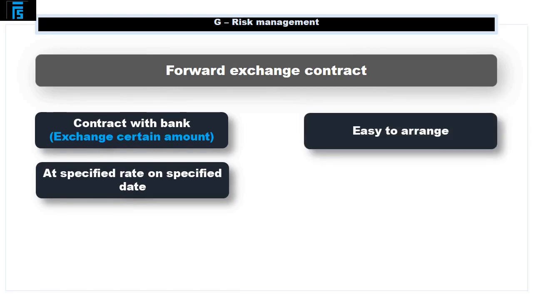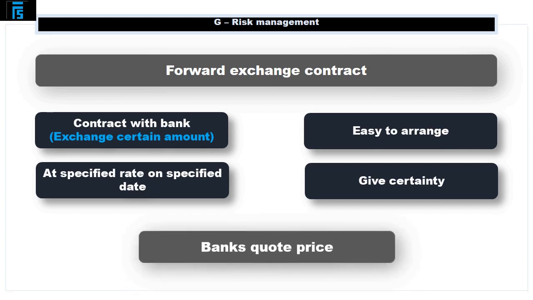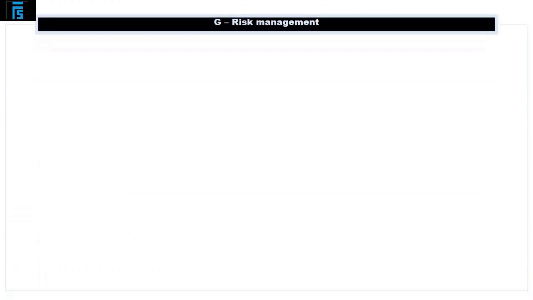These are common in practice because they are easy to arrange. It's a conversation with the bank, and it gives certainty. From the moment the contract is signed, you know exactly what the exchange rate is going to be relating to that future transaction. The banks will quote a price when you go to see them to arrange the contract.